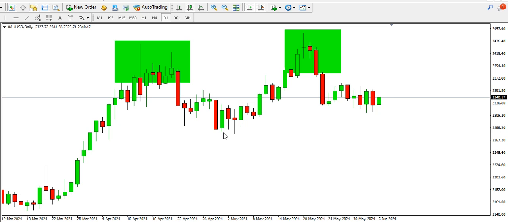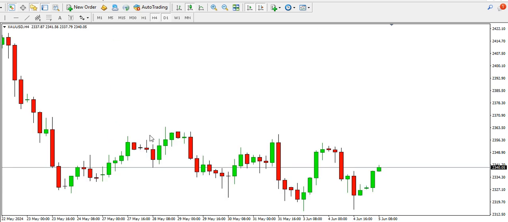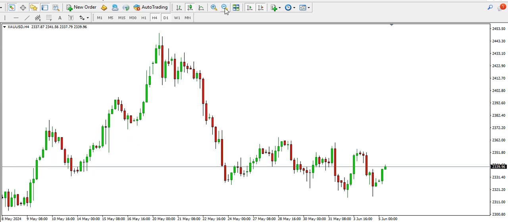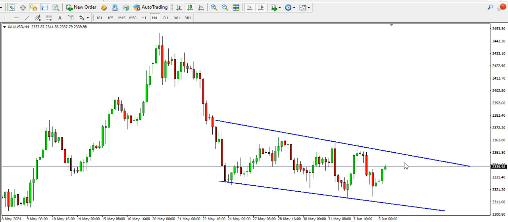On the 4-hour time frame, it's more clear that price is currently ranging. We have this channel in place. So price buyers might find resistance around here.